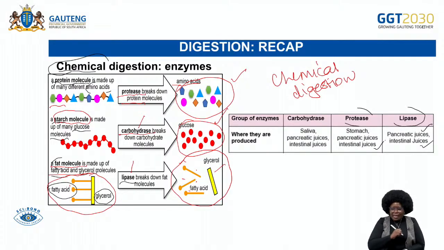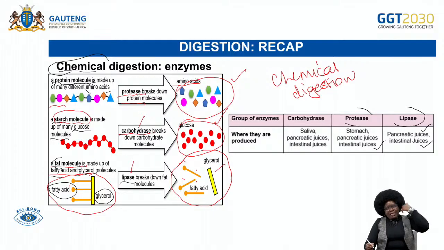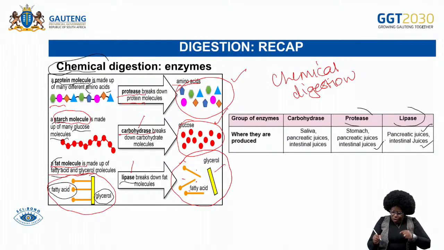Enzymes involved, chemical digestion. And as per indication, now you just tell yourself, I know by now the three different enzymes: protease, carbohydrase, lipase, and the common areas where they are produced. Pancreatic juice, you see it's pancreatic juice here, and then pancreatic juice here, pancreatic juice here.